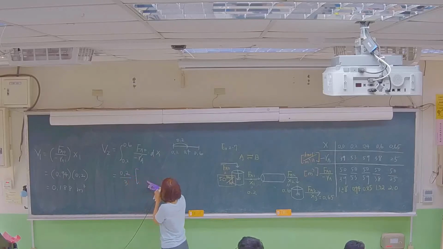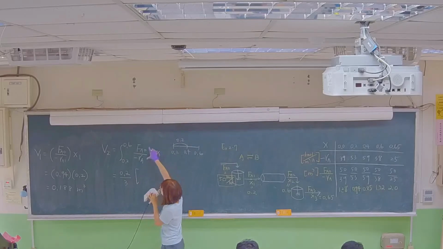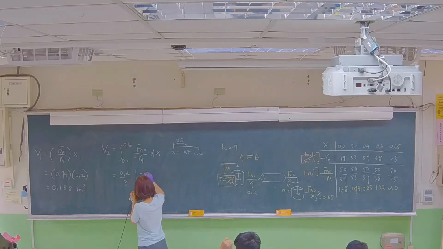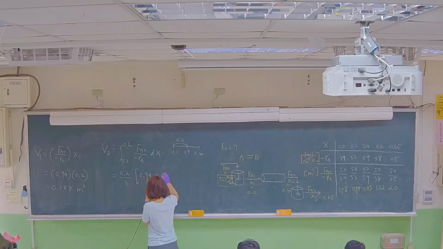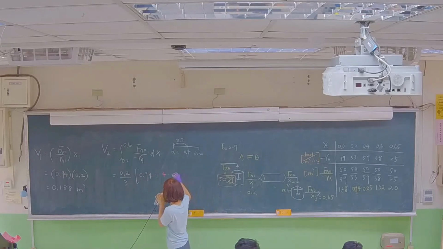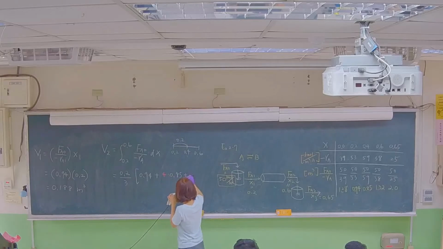So the first one is f of x at 0.2, right? Second one, the coefficient is 4, f of x at 0.4, so this one. The last one, f of x at 0.6.